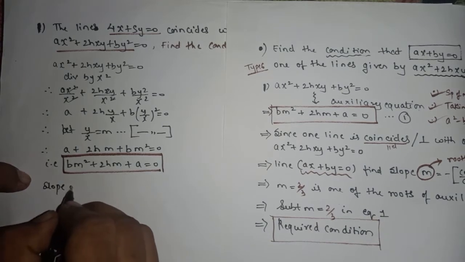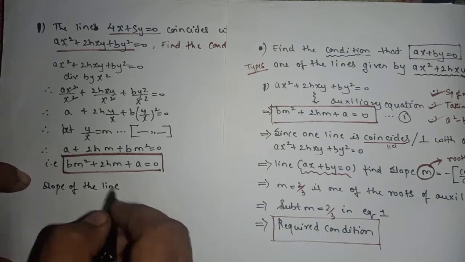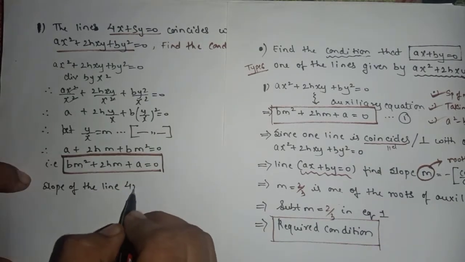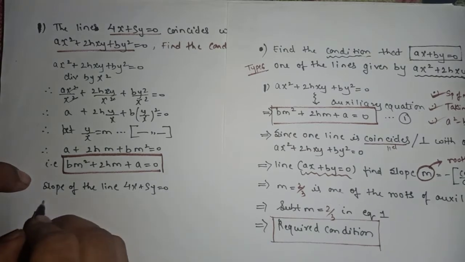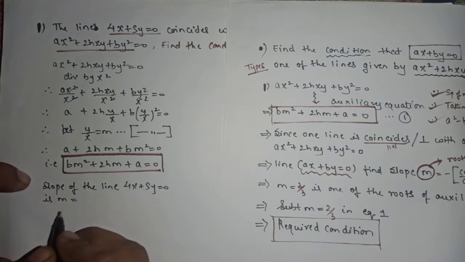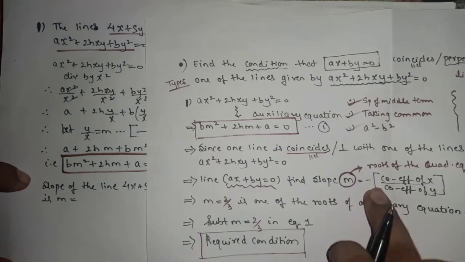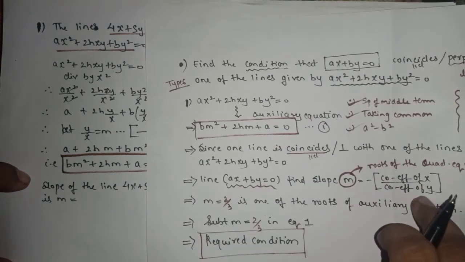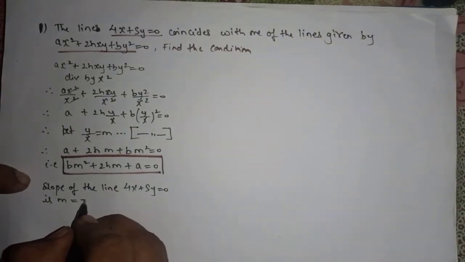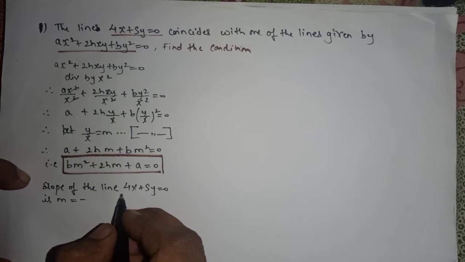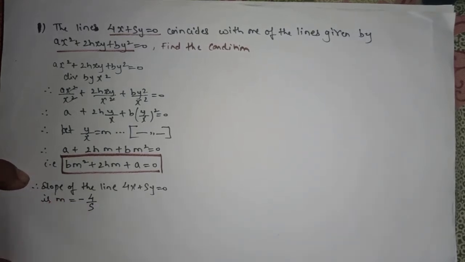What is the slope of the line 4x plus 5y equals to 0? m equals to, using the formula, minus coefficient of x upon coefficient of y. So you will get minus 4 by 5. Yes or no? Understood?